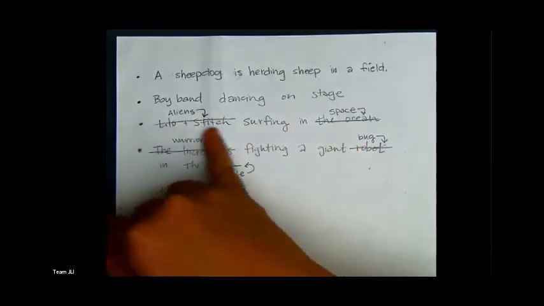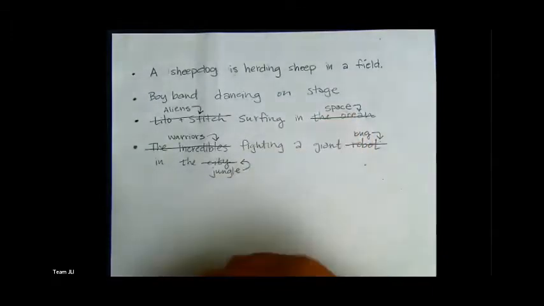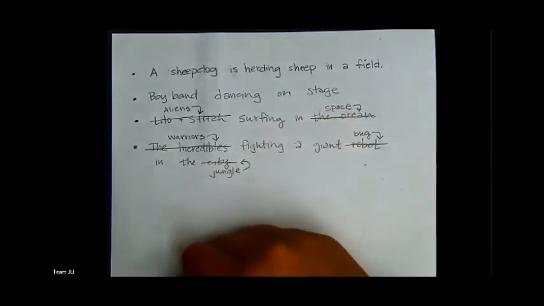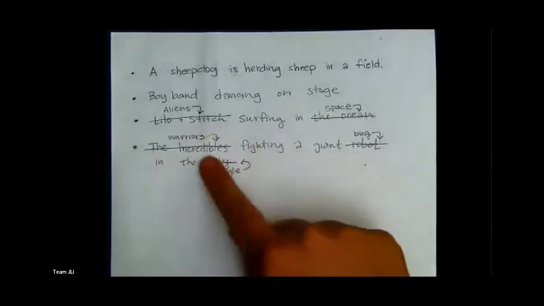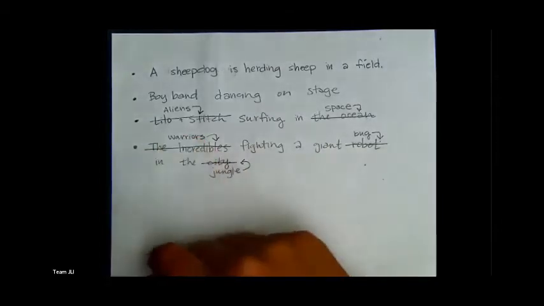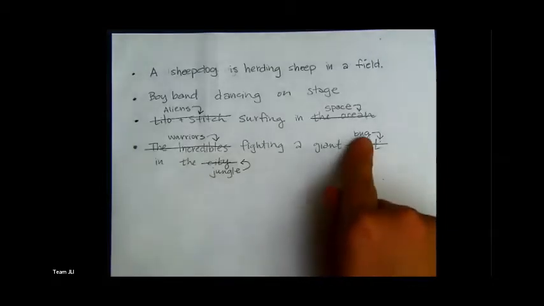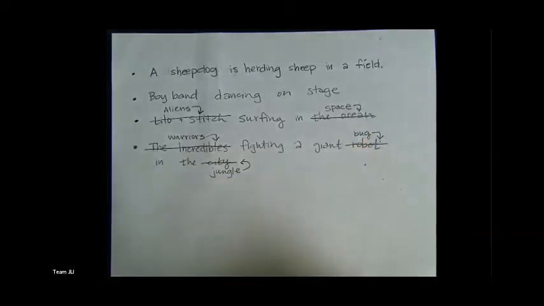So instead of Lilo and Stitch, I'll design my own aliens. And instead of surfing in the ocean, they can surf in space. And then I have a picture of the Incredibles on my wall, so I remembered that scene where the Incredibles are fighting a giant robot in the city. And I changed the Incredibles into just generic warriors, fighting a giant bug instead of a robot. And instead of in the city, they can be in the jungle.